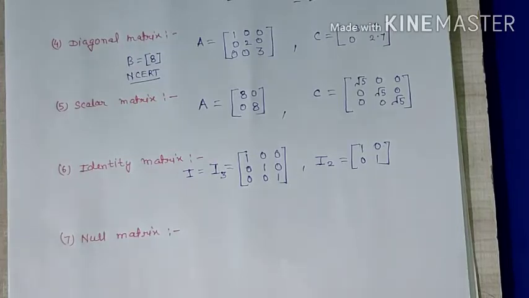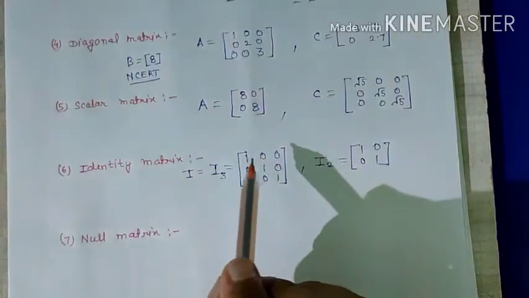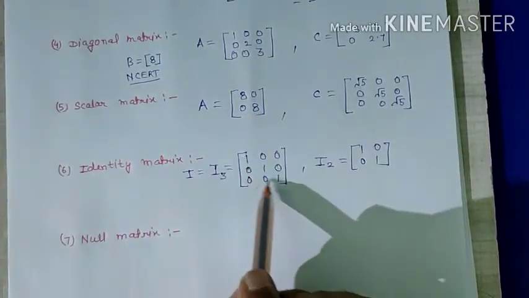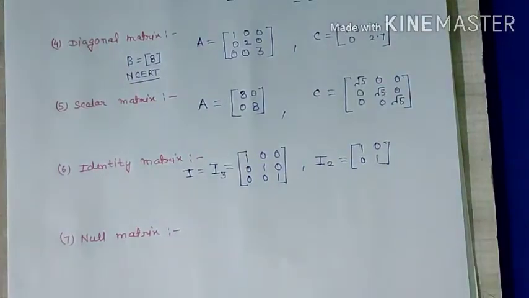We observe that it is a kind of scalar matrix, but all the diagonal elements are 1. This is the only difference between a scalar matrix and an identity matrix. So you can say it is a kind of scalar matrix.